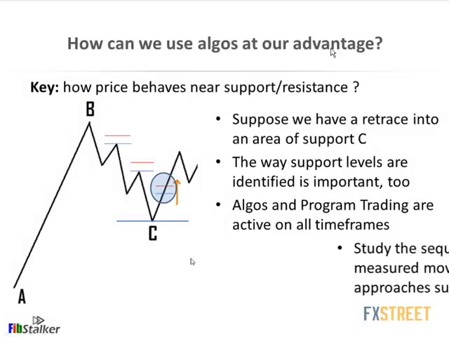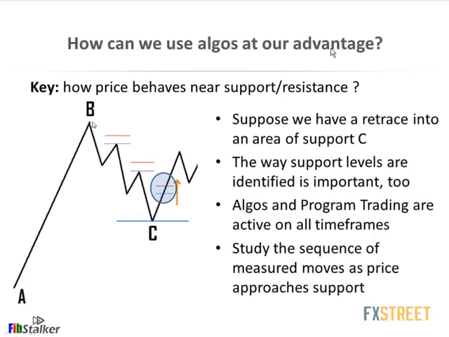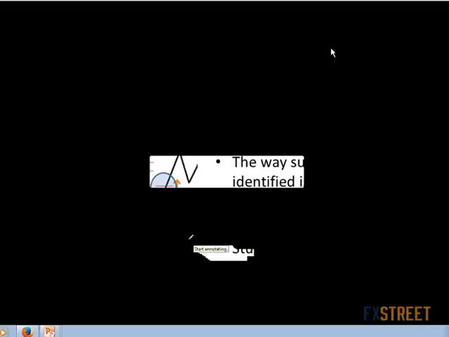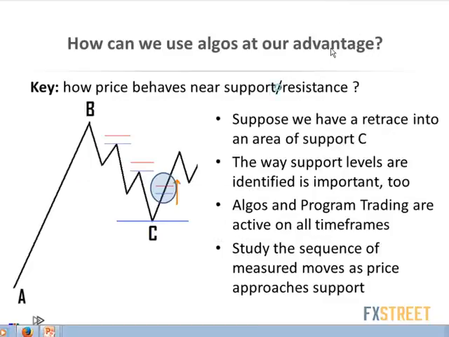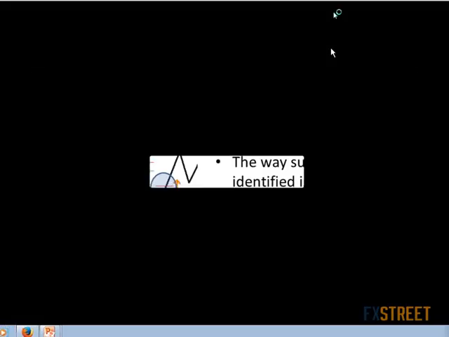So we apply our rules to model price and model algorithms on this smaller time frame, and when the sequence of measure move that can be identified fails after the level C has been tested, then let me see if I can annotate this.